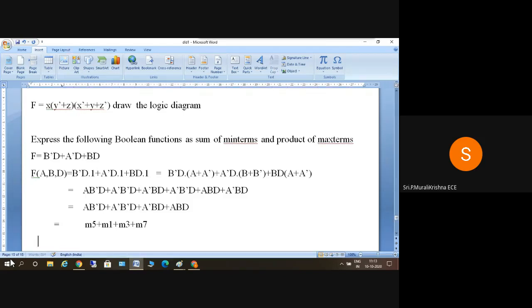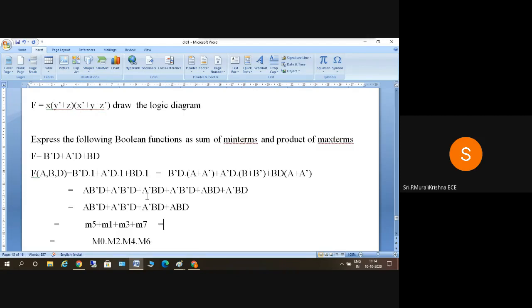And what are the max terms? Max terms are nothing but the remaining terms, that is capital M0, M2, M4, M6. So these are the sum of min terms and this is the product of max terms here.